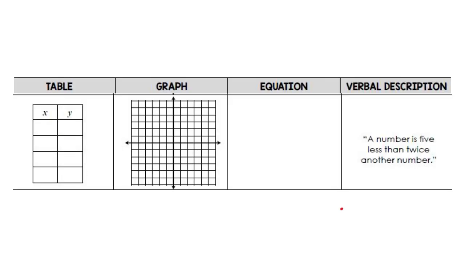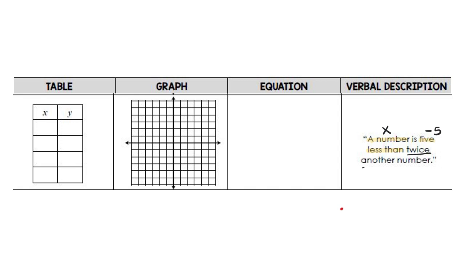Okay, working with this multiple representation. So the table's blank, the graph's blank, the equation is blank, but I do have a verbal description. So we're going to read this, create an equation, and work our way back. So I know that a number, I'm going to have a variable, is 5 less than twice another number.